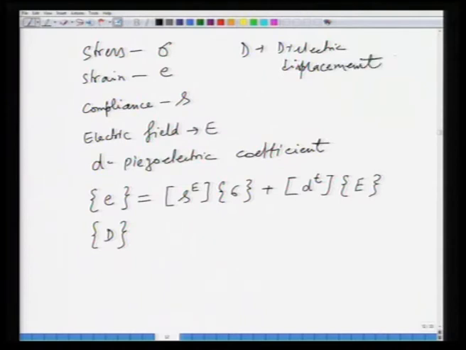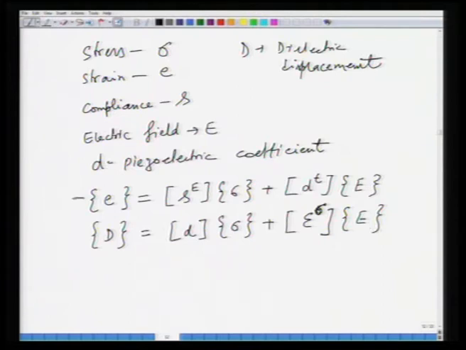And this you remember from module 4. So, D can be related as epsilon sigma into E. So, here the first one is the D matrix.